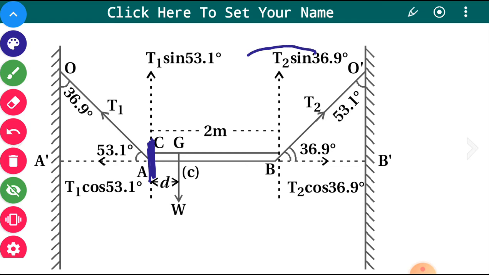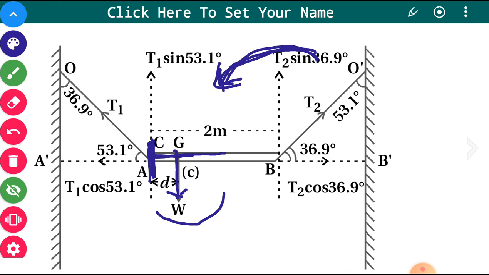Now this torque will be because of T2 sin 36.9, and it will be in this direction, that is anti-clockwise, with respect to the point A. Okay, so one torque is in anti-clockwise direction, and the other torque is due to the weight.